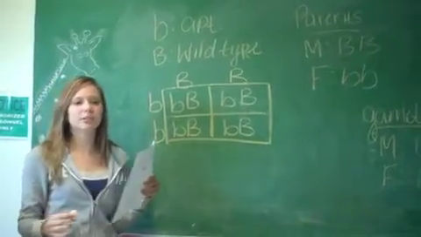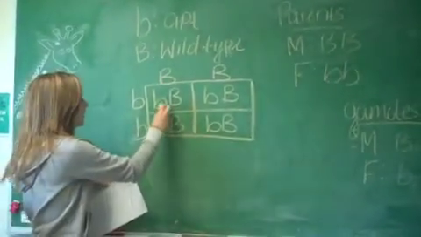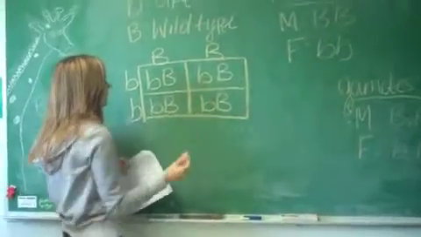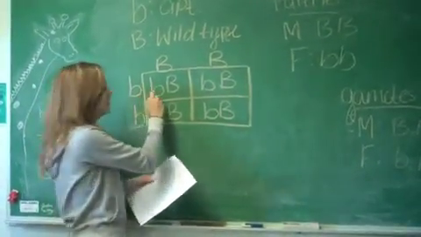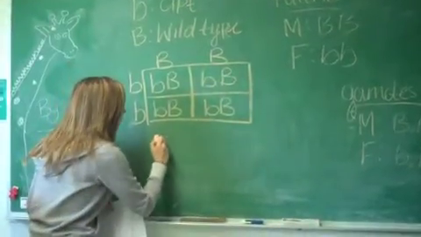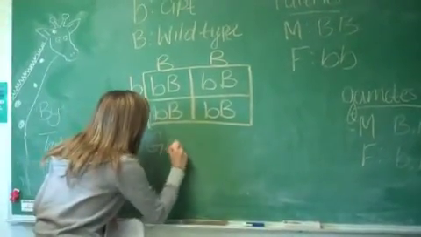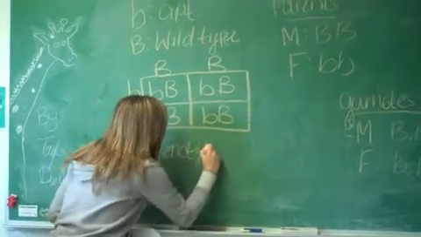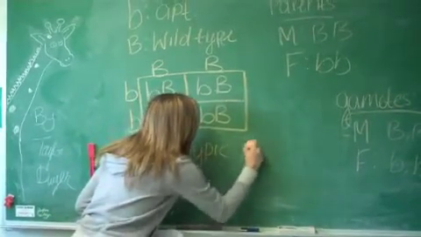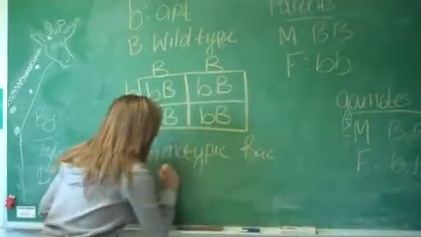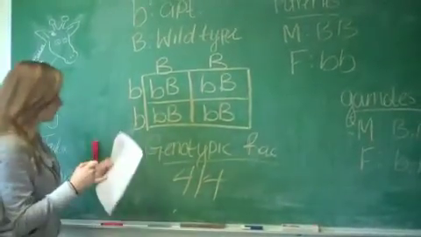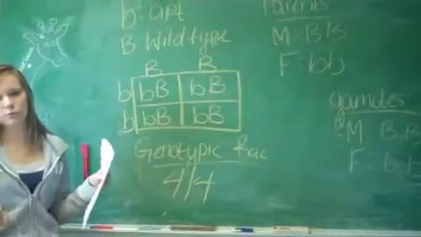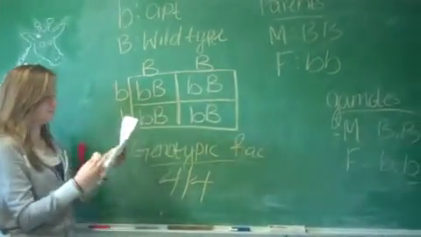Now the genotypic ratio depends on if they're all the same. So, in this, all 4 have the same genotype. So, the genotypic ratio would be 4 out of 4, because there's 4 boxes and there's 4 the same.